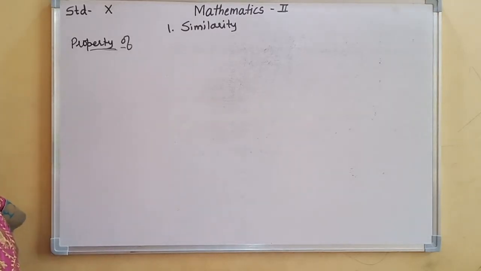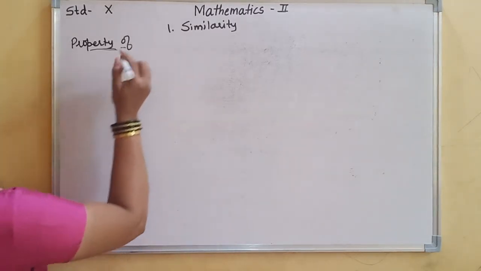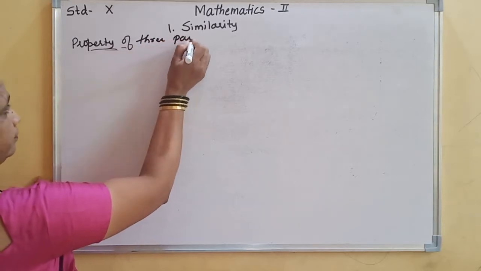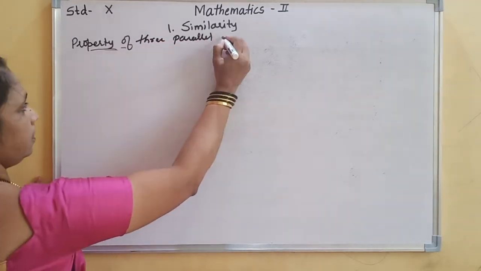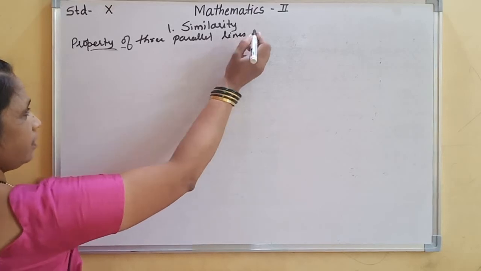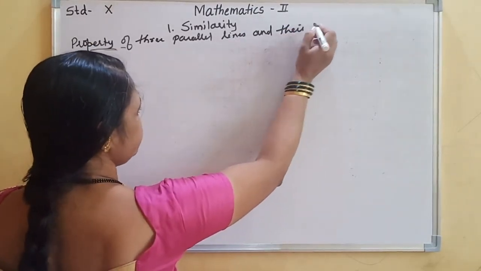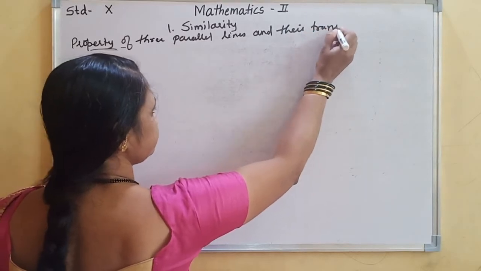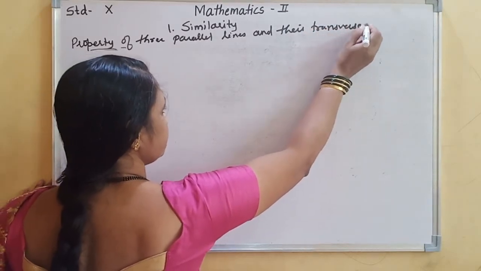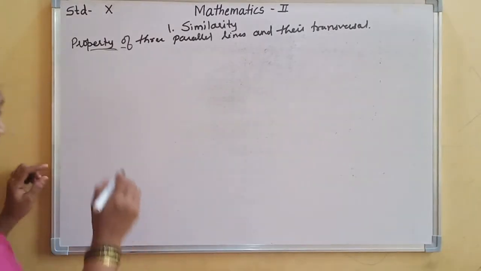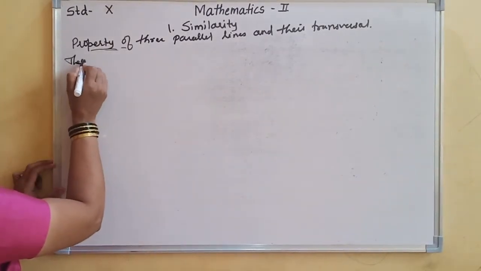Property of three parallel lines and their transversal. First theorem.